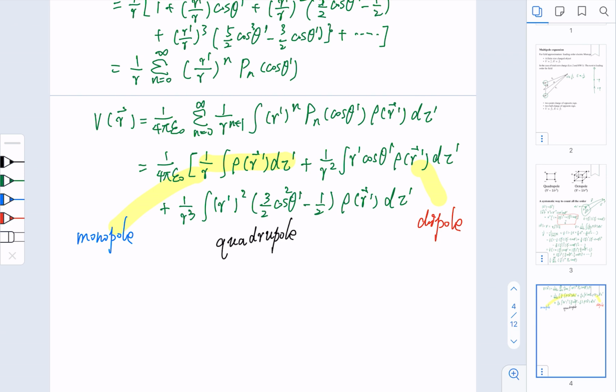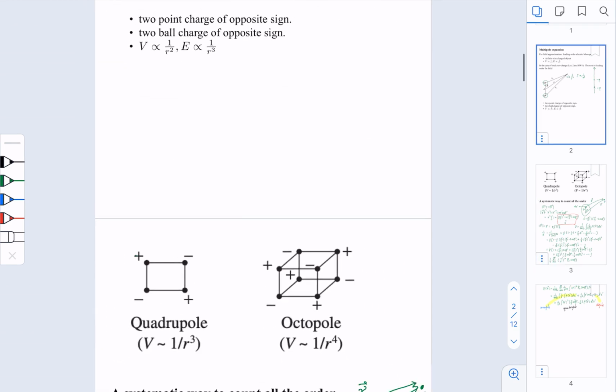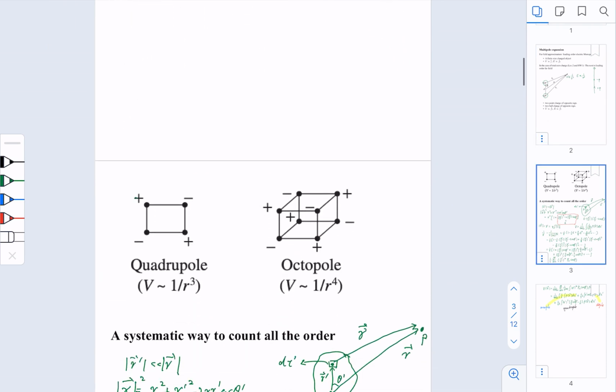Why is there monopole, dipole, quadrupole, but there is no tripole? Oh, you mean like, so you can see here that you can kind of see the pattern. The monopole is one single charge of plus, and the dipole is one charge plus with another charge of minus. And now what this dipole does is it has the leading order monopole term be 0.